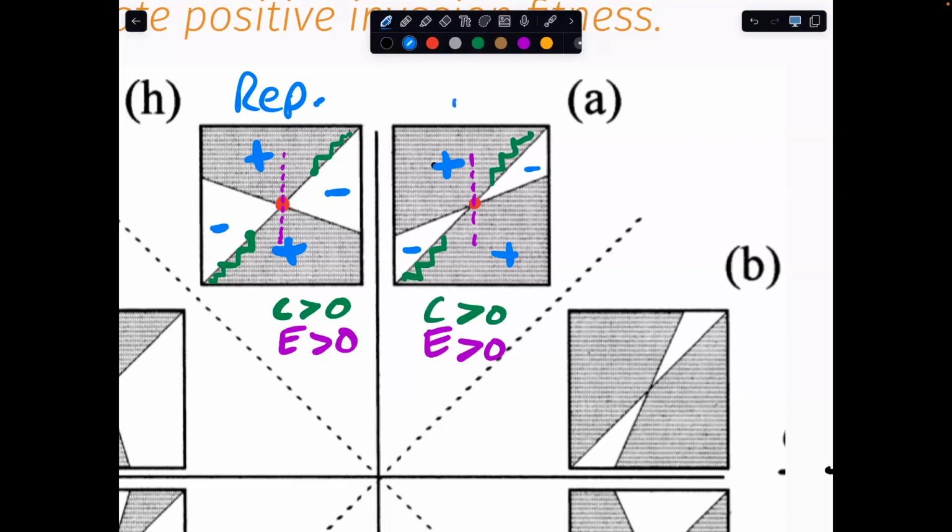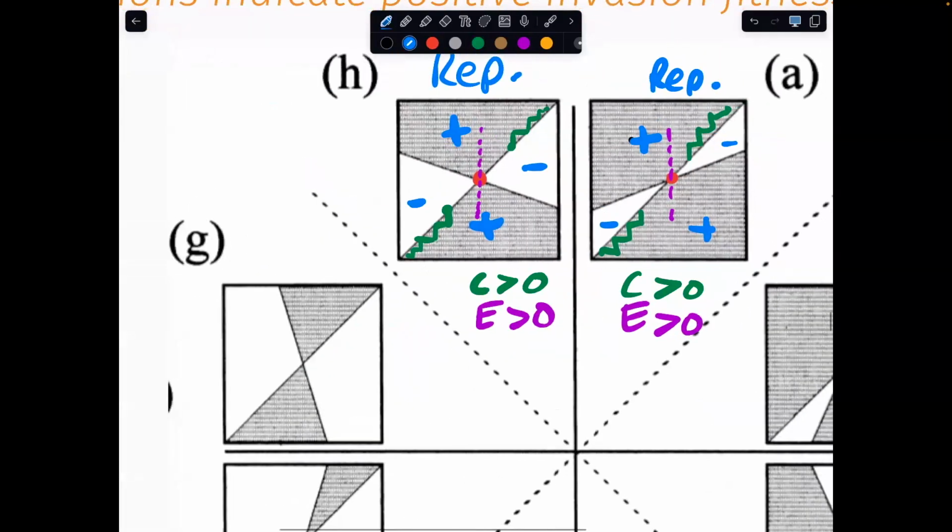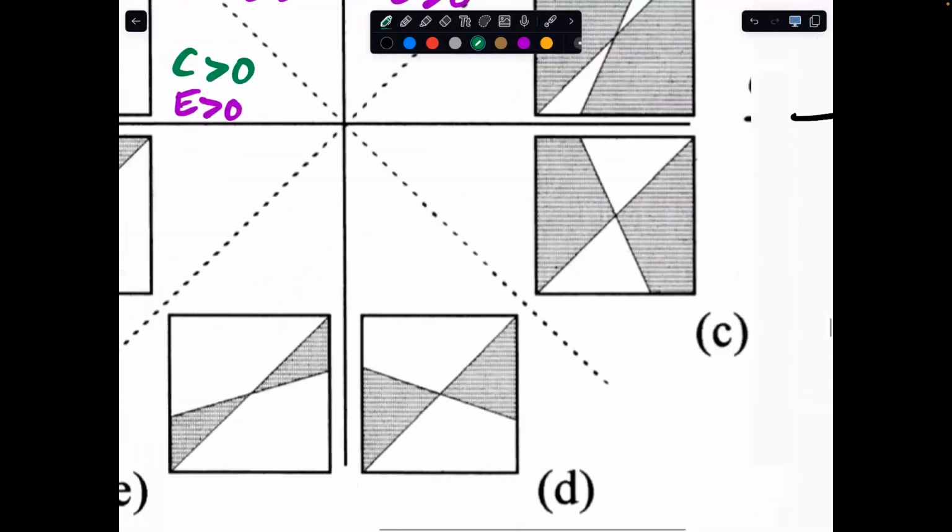So this is, again, a repeller. This one is also a repeller for exactly the same reason. If we draw a vertical line through, it's evolutionarily unstable, and likewise, we would always staircase away. It's convergence unstable.